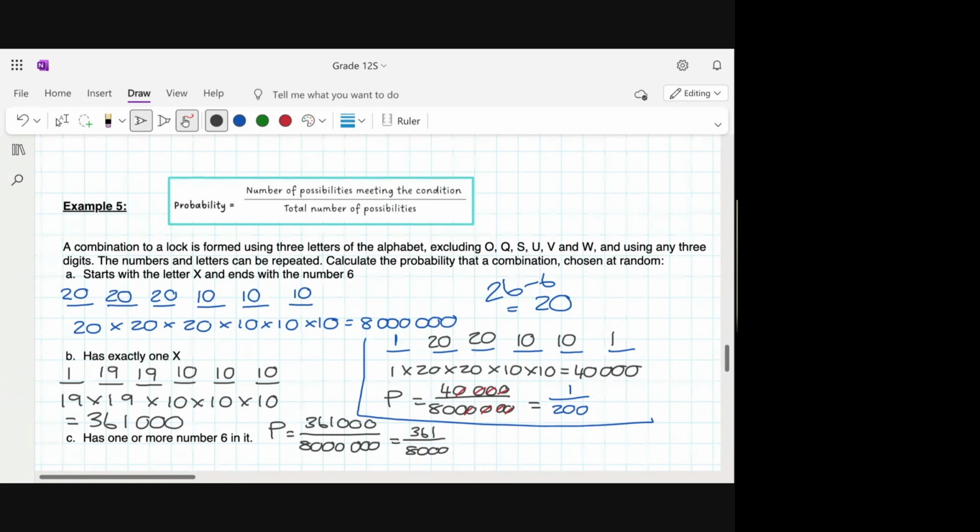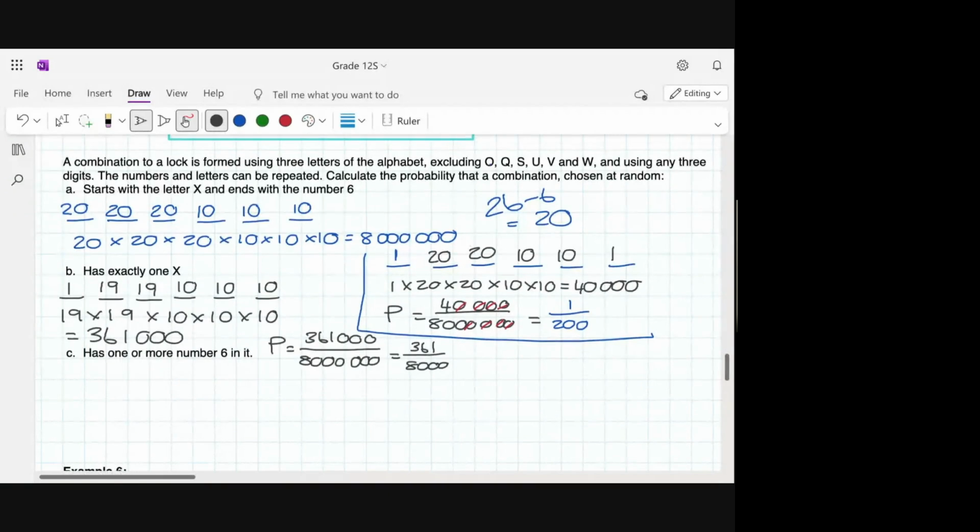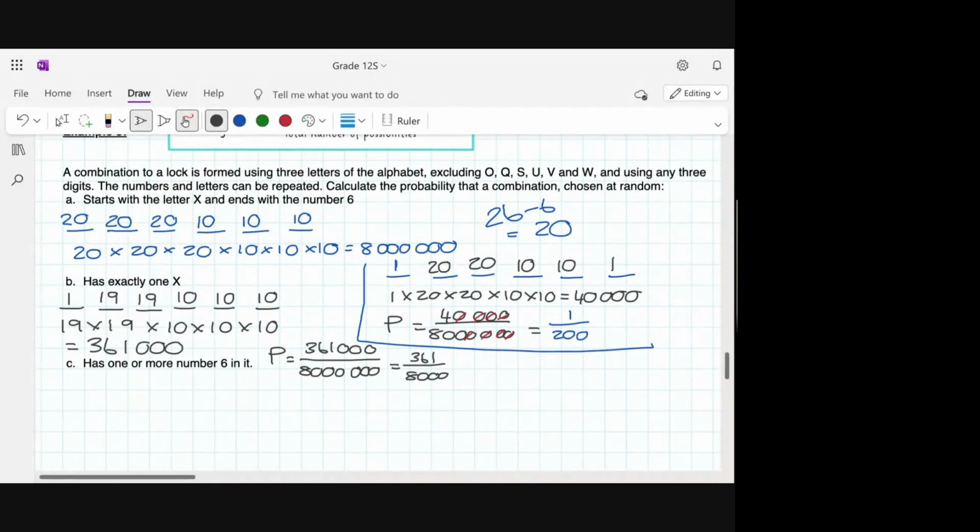And then what is the probability that it has one or more 6 in it? What's the probability that it could have one or more 6s in this combination?